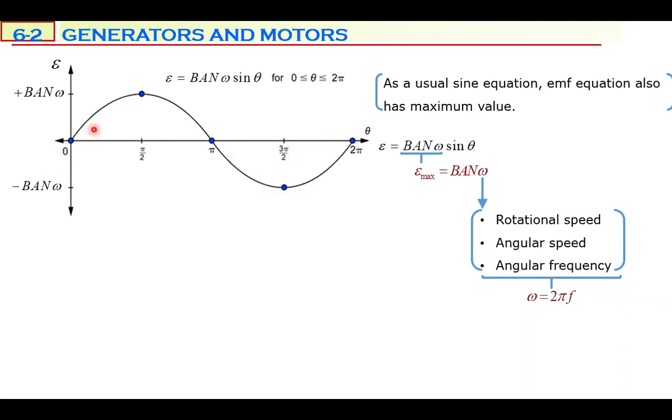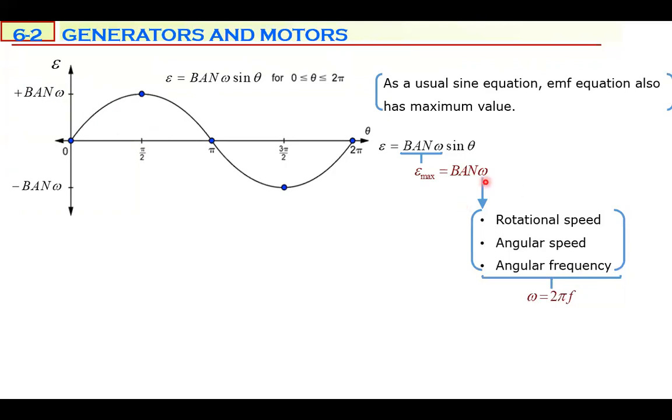This matters for exam questions. They may ask which of the following values of an alternating current changes. Instantaneous values change because they depend on the instant, on time. But the maximum value is constant, it's NBA omega. It depends on B, A, N and omega, so for a generator this value does not change. But as time passes, instantaneous values continuously change.